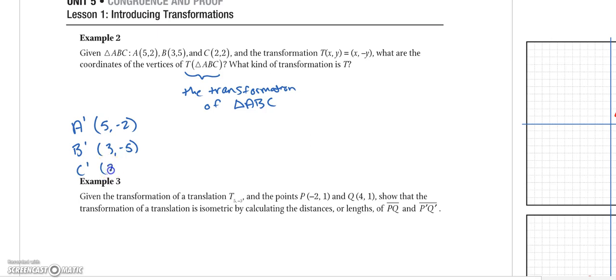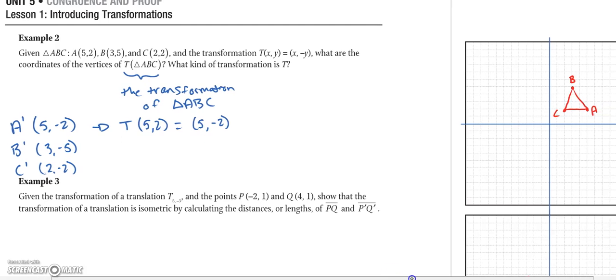And then C prime is going to be 2, negative 2. So I guess the correct way would be, okay, I'm going to transform point A. It's going to be x, negative y, right? So I could do that for the other 2 points as well.